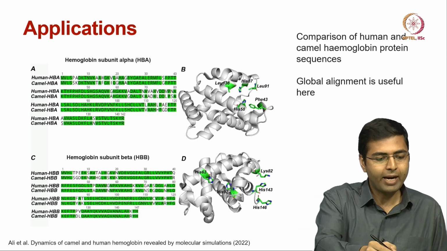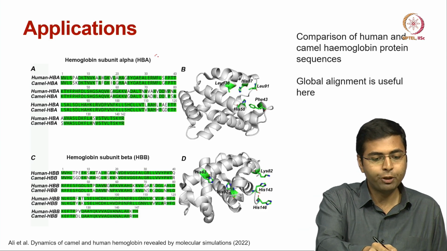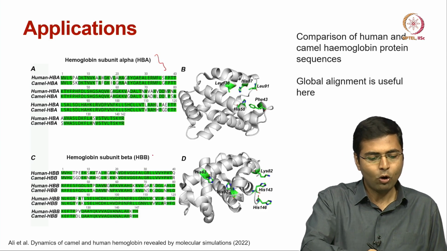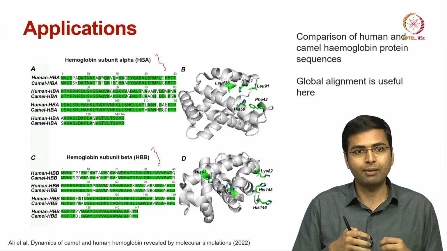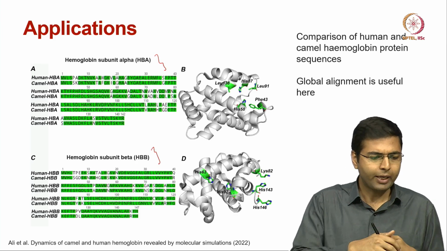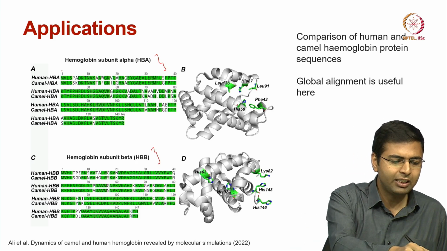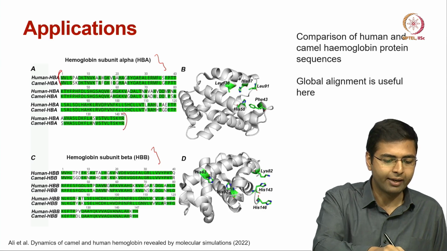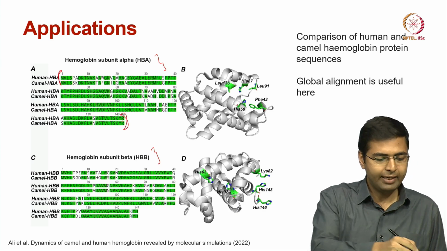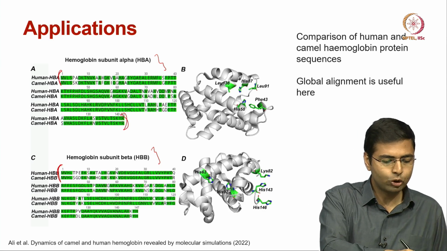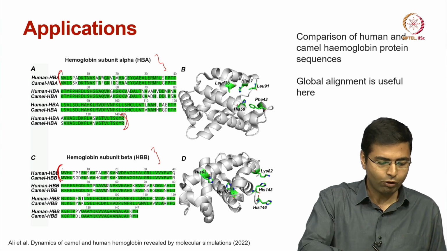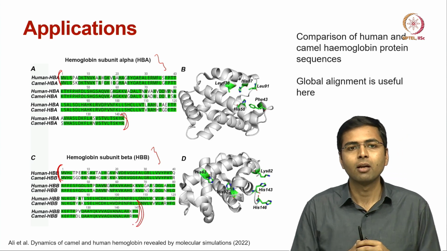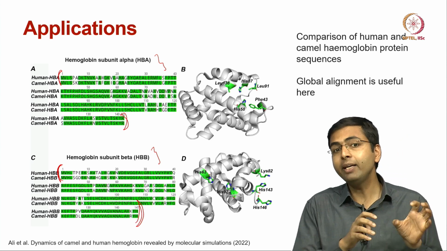If you look at the hemoglobin subunit alpha protein sequence, or the hemoglobin subunit beta sequence, you can see that the sequences are similar from end to end. Similarly in the second case, the sequences show a pattern of similarity from beginning to end. In this case we do not need local alignment.